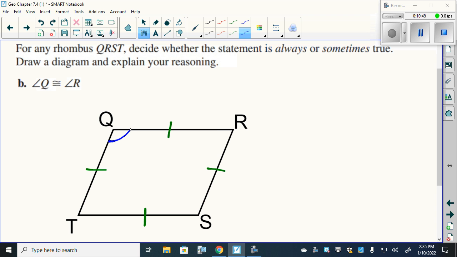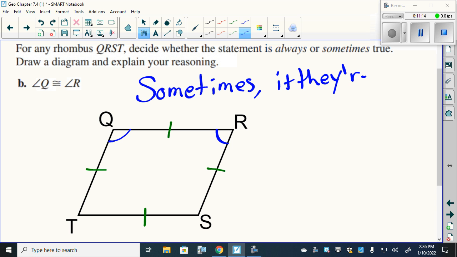Now this is asking us to determine whether Q and R would be congruent. The answer is sometimes. When would it be? There's one case, if they are both 90 degrees, and essentially it would be a square.